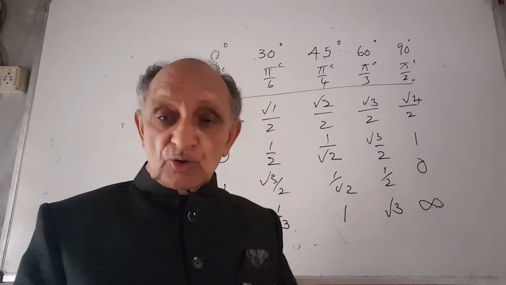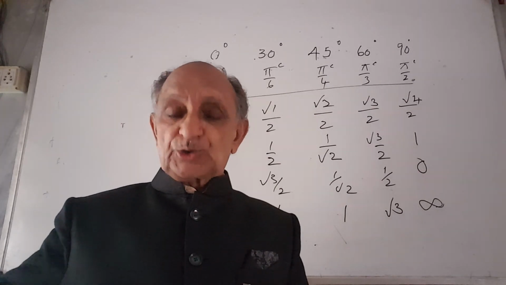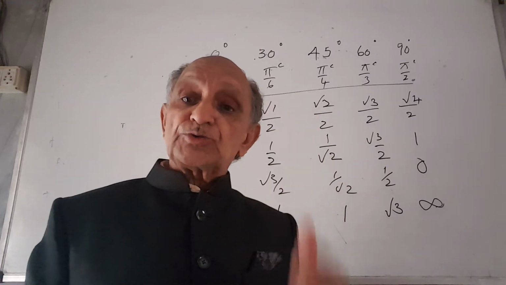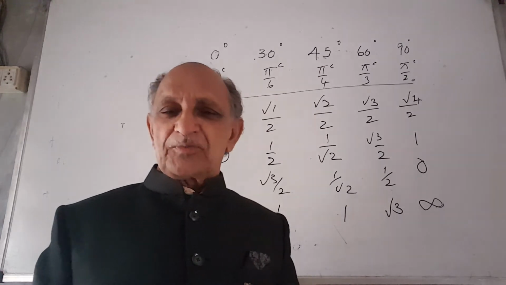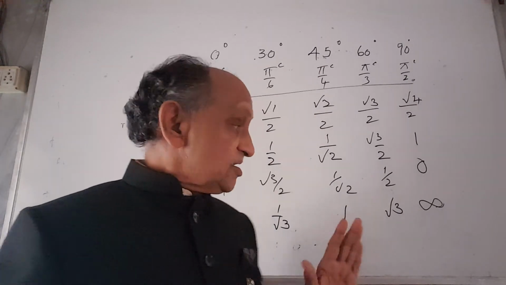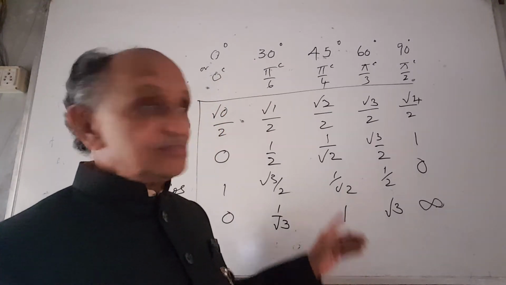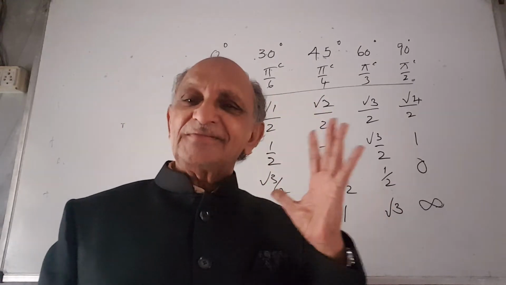For example, when you see the tables, root 3 is 1.732, or root 3 by 2 is 1.73 by 2, which is 0.866, and like that. We cannot plot them properly. We have to stop them at a decimal place. So it is always advantageous to use these values, and this is the easiest way of remembering these values.